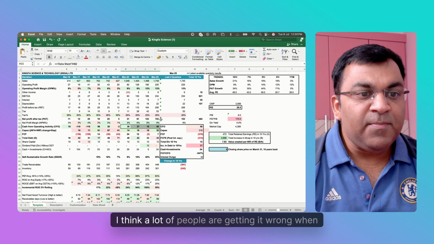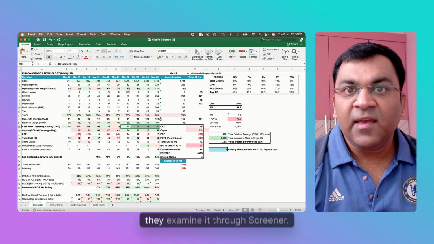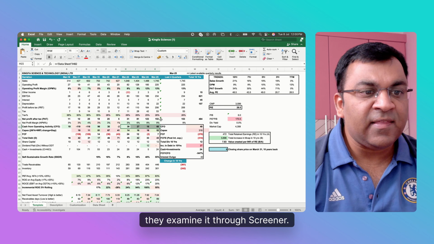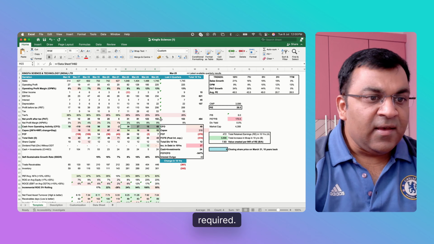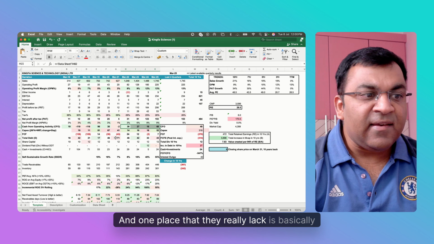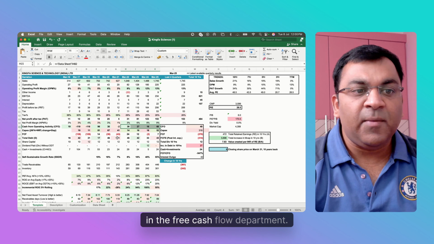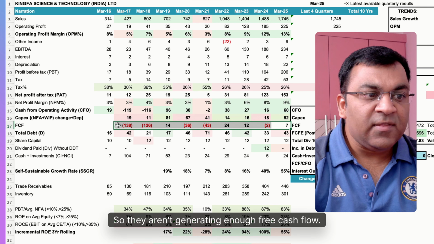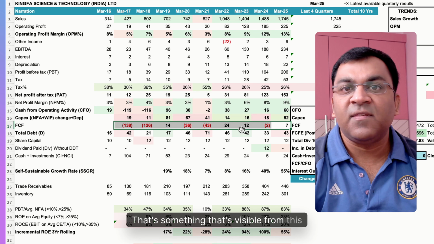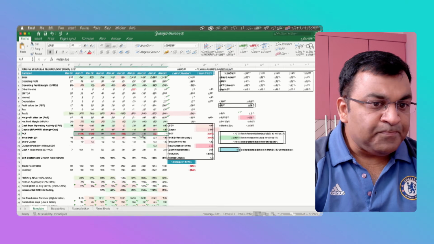I think a lot of people are getting it wrong when they examine it through Screener. I think a little more understanding of this would be required. And one place that they really lack is basically in the free cash flow department. So they aren't generating enough free cash flow. That's something that's visible from this sheet.